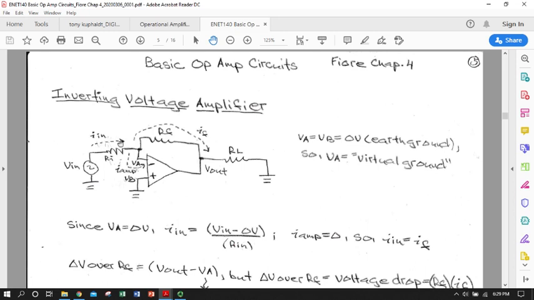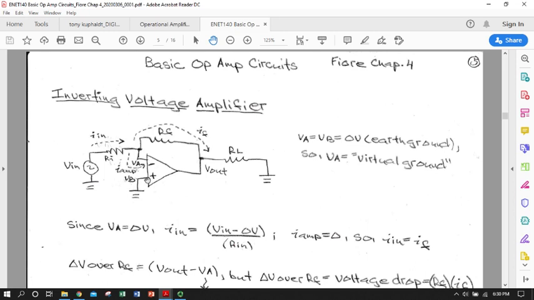So R sub I and R sub F are actually in series with each other. So that's pretty cool. We could define what different voltages are relative to one another if we knew what V sub A was. So that would be useful, and good thing for us, we have a second rule of idealized op amps that can give that to us.